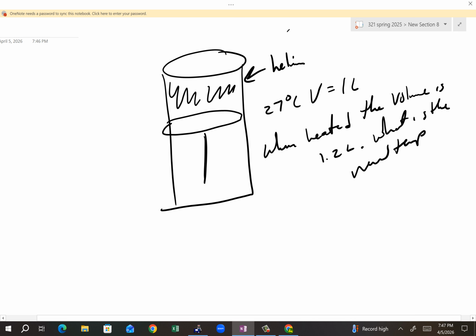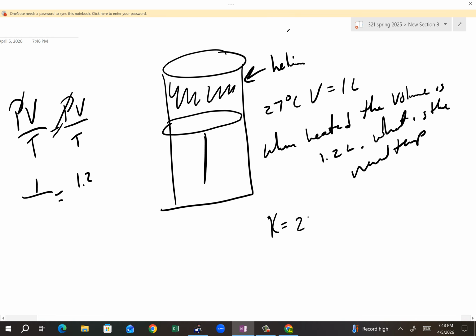Okay. Well, what did it say? It said the pressure is constant. So that's Charles' law. But if you're not sure, hey, can I just do the ideal gas law? Pressure's constant. Boom, there we go. Are you with me? It's that easy, friends. 1 over 1.2. I want to put 27. Don't do it! I need Kelvin.